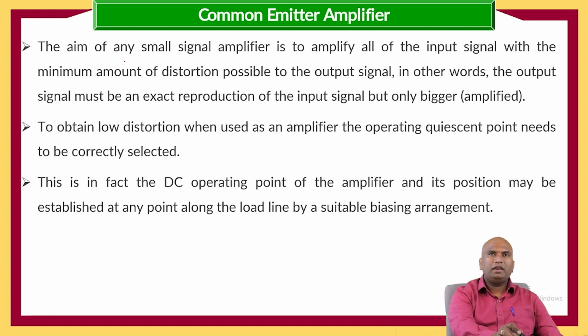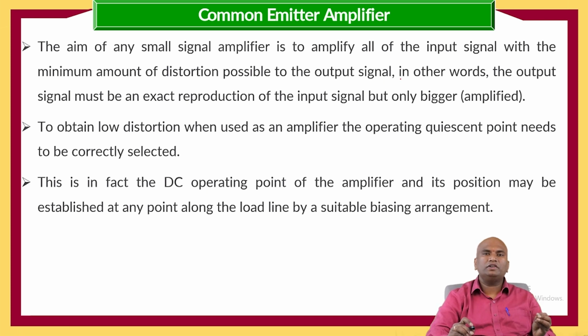Here the main aim of a small signal amplifier is to amplify the input signal with the minimum amount of distortion possible to the output signal. So our main aim with this small signal amplifier is, with a small input which we are giving, based on that we have to generate the output with less distortions.